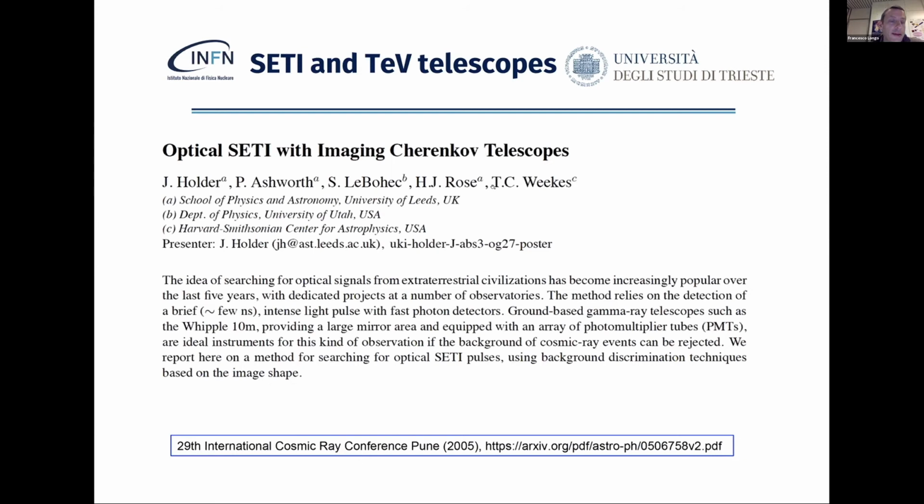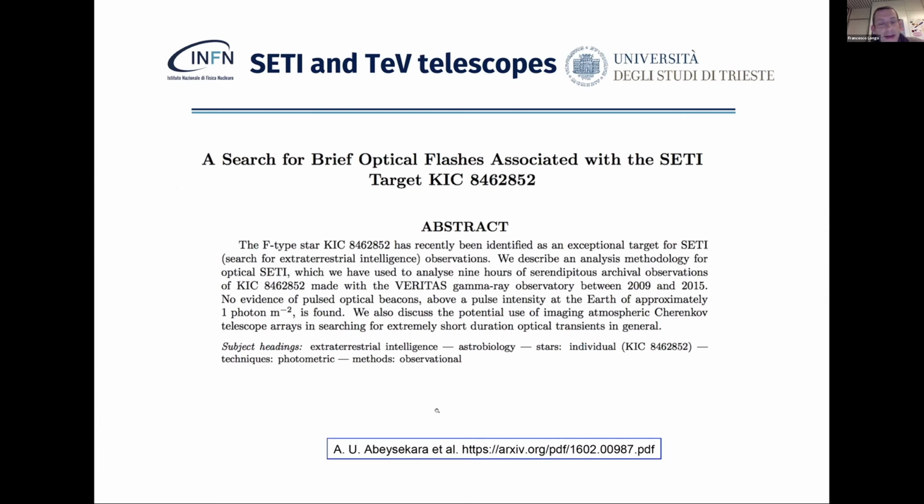And I think that this is something which is very nice, and I'll point you to his publication. Last but not the least, the VERITAS collaboration searched for brief optical flashes from F-type stars. That was an exceptional target for SETI observations. So you might see that these telescopes are already searching for that.